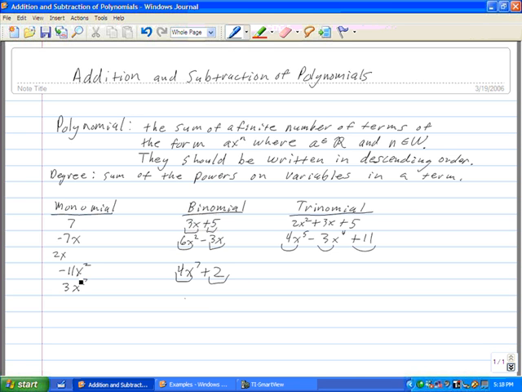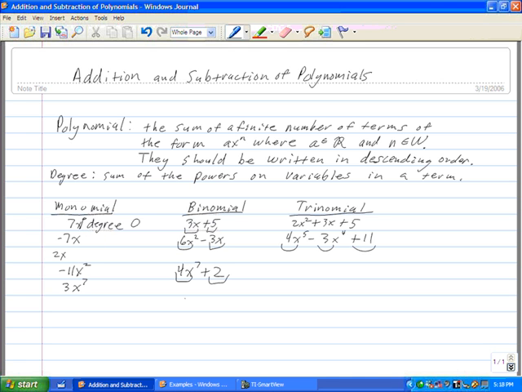Now, every monomial is going to have a degree. When we're dealing with only one variable in a polynomial, the degree is pretty easy to see. For example, 7 is a monomial, and the degree is considered to be 0 because it has an imagined x to the 0th power on it.